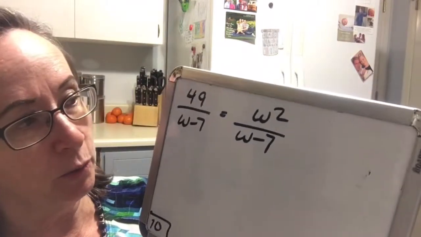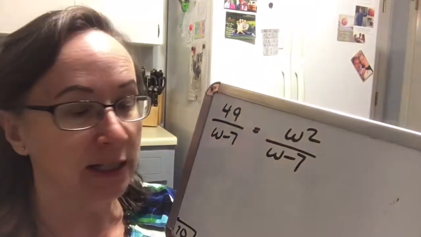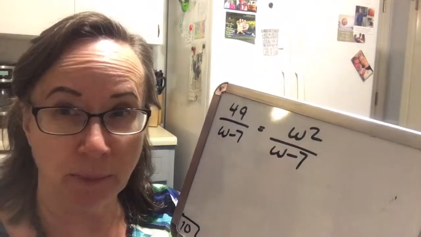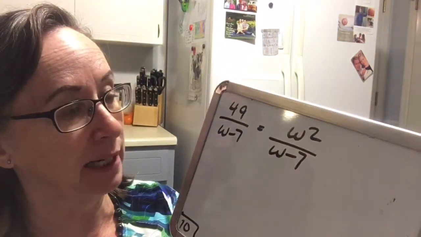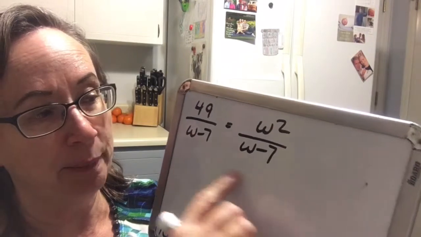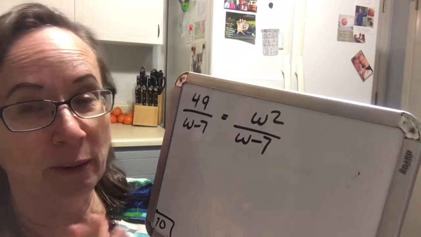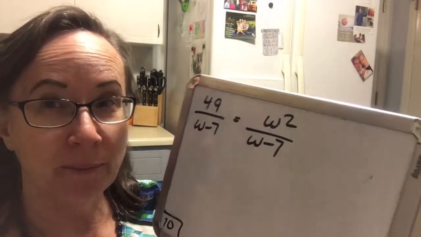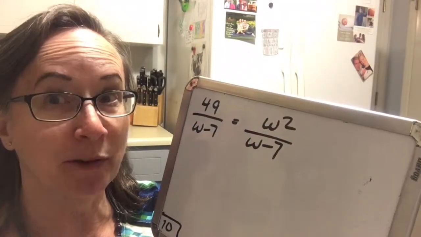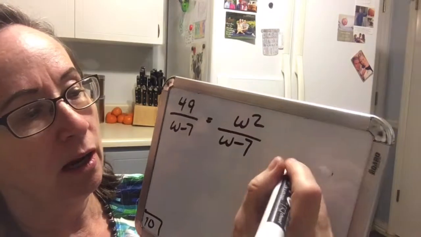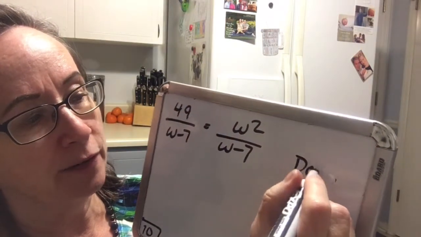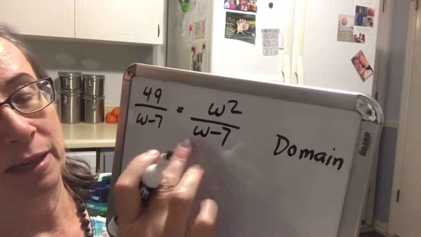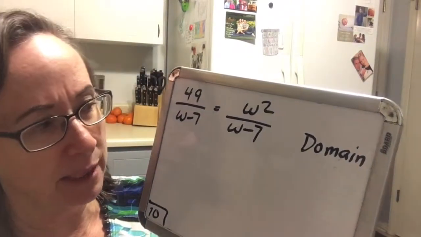So what we're going to do when we're trying to solve a rational equation is multiply through by the least common denominator. And notice what's going to happen when we do that. We always have to remember that our domain of the function is taken before we do that. So for the domain of our function, we're going to have a w minus 7 in the denominator.